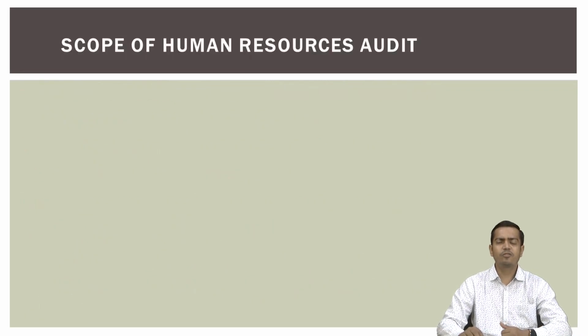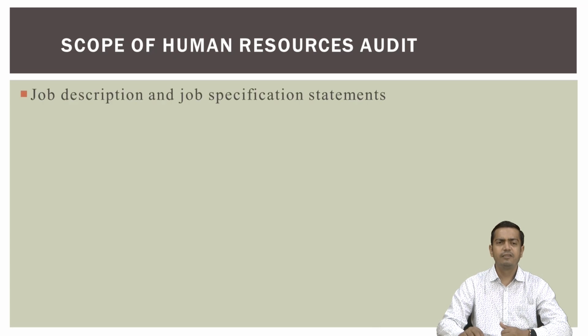Now, how much is the scope of human resource audit? So, it goes up to job description and job specification statements. So, as you all are aware, what is it when we combine both JD and JS? It is job analysis. When you bifurcate job analysis, then it becomes JD and JS, job description and job specification.